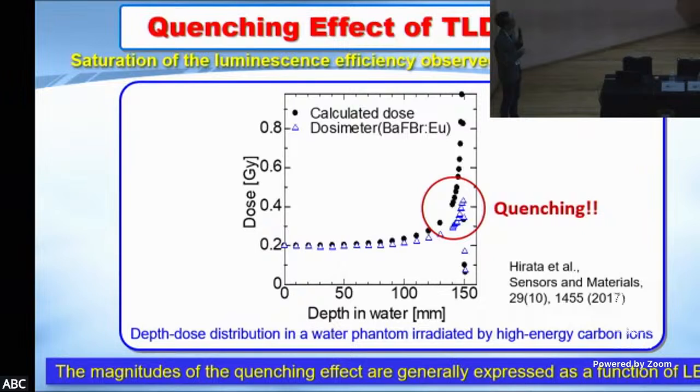Apparently the measured doses are underestimated in the Bragg peak region due to the quenching effect. So if you want to use this detector for dosimetry of carbon ion therapy, you have to evaluate the magnitude of the quenching effect, which is generally expressed as a function of LET.